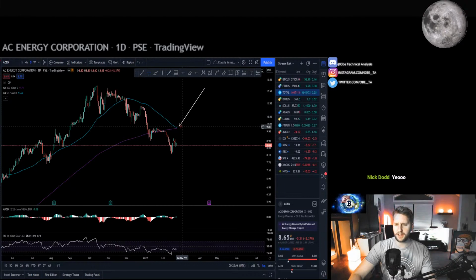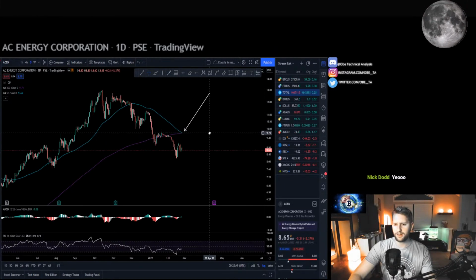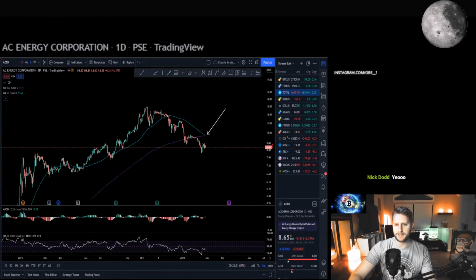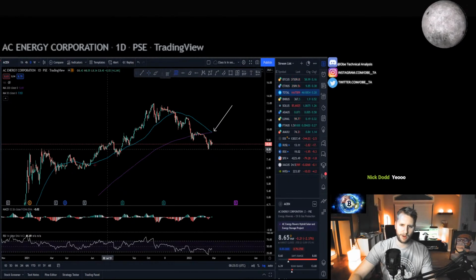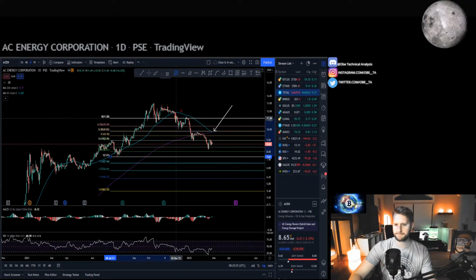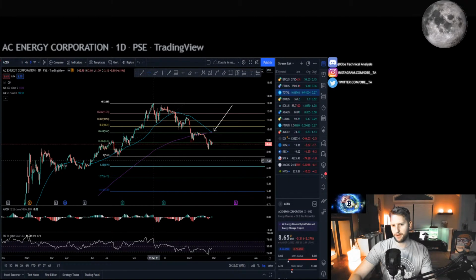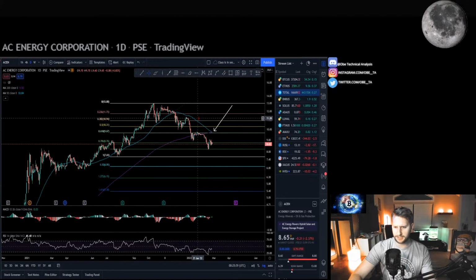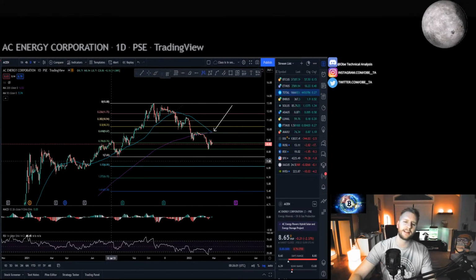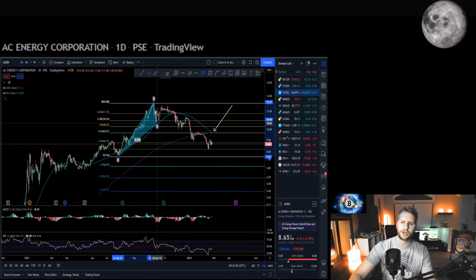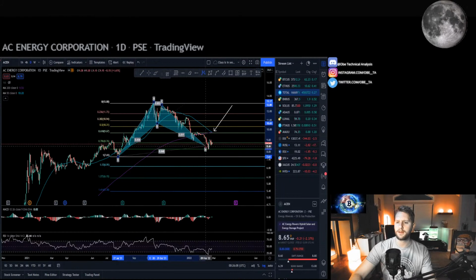But yeah, you pretty much had a death cross going on here. Go ahead, throw a Fibonacci on this. Okay, reacting at the 886, possibly at like a bullish bat harmonic in here. Yeah.